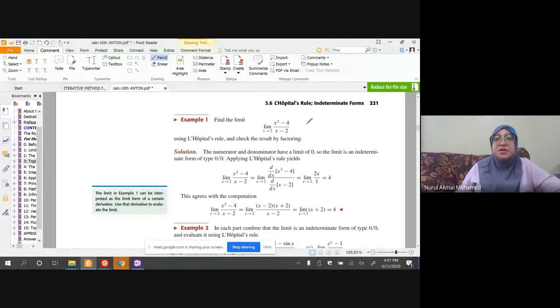So you can use L'Hopital rule. You have to differentiate the numerator as well as the denominator. So this one is limit x tends to 2 for 2x divided by 1.